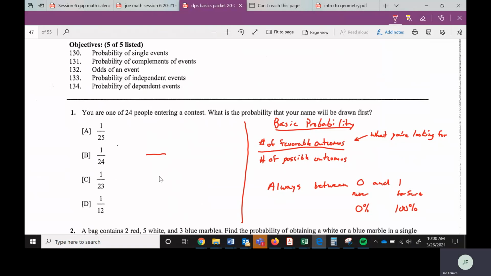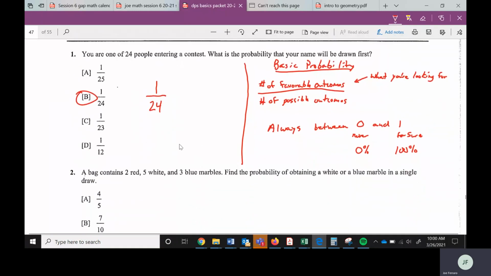If you are one of 24 people, there are 24 people being chosen, and if there's one name for each, there are 24 possible choices that could happen. Your name is in there once. So you have a 1 out of 24 chance that your name will be drawn first.